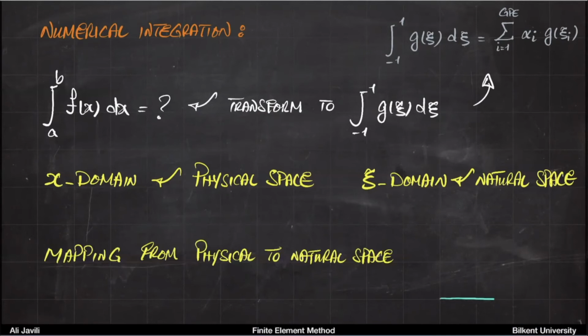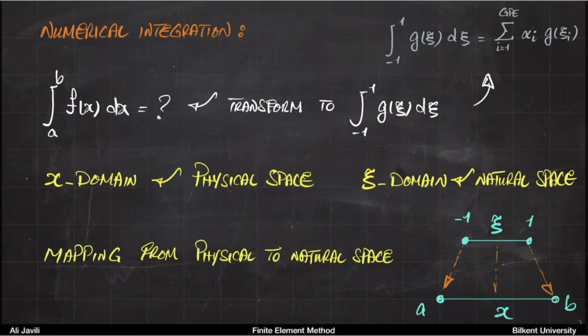You have a physical space, let's say here, A to B, and you have your natural space from -1 to 1. So that would be your Xi space, that would be your X space. What you want to do is to find that mapping. If I know how these points are connected to each other, then you have that mapping.